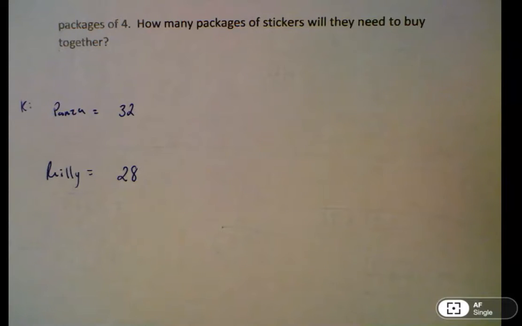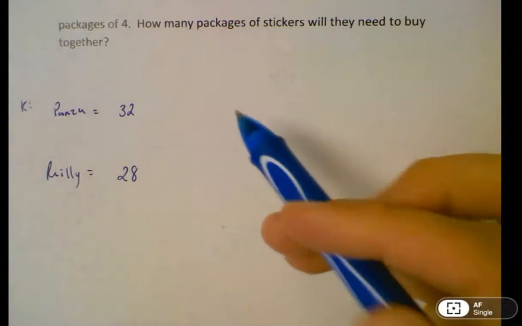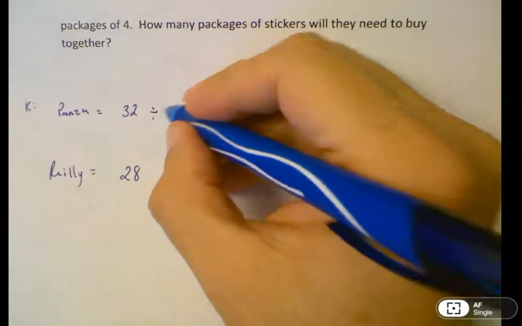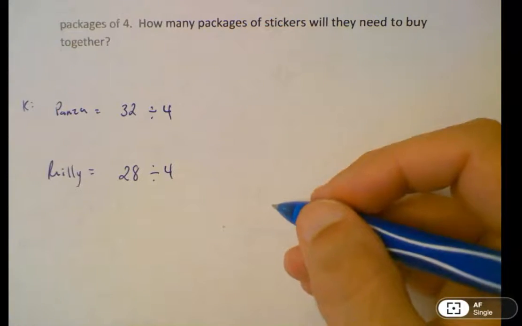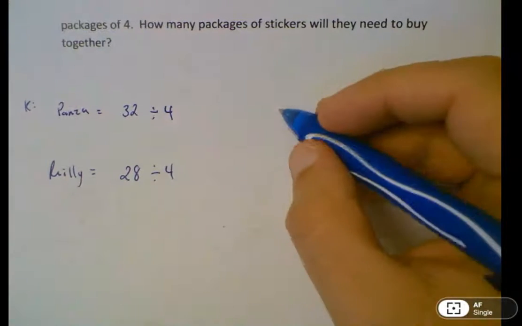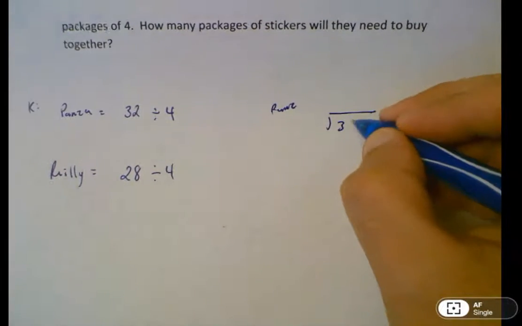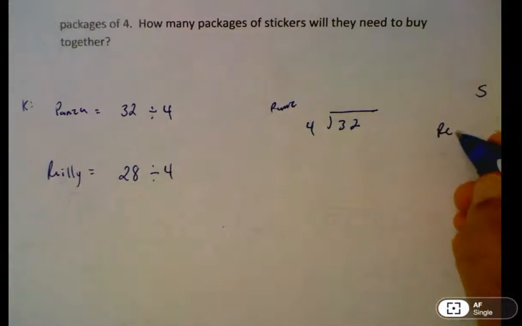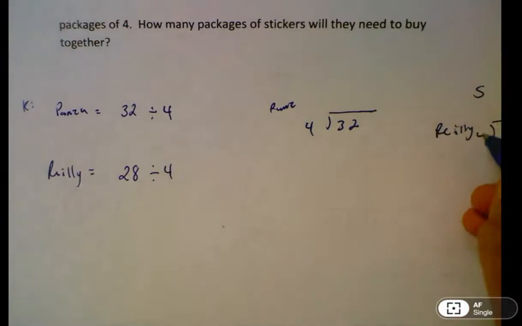Because the numbers are so large, I wouldn't recommend drawing 32 bars and 28. Instead, recognize that Mr. Panza needs 32, and they come in packages of 4. Mrs. Riley, breaking those packages of 4 by 28. And then, in your number sentence, once again, set up a division bracket. Panza is 32 is the dividend divided by 4. Riley is 28 divided by 4.